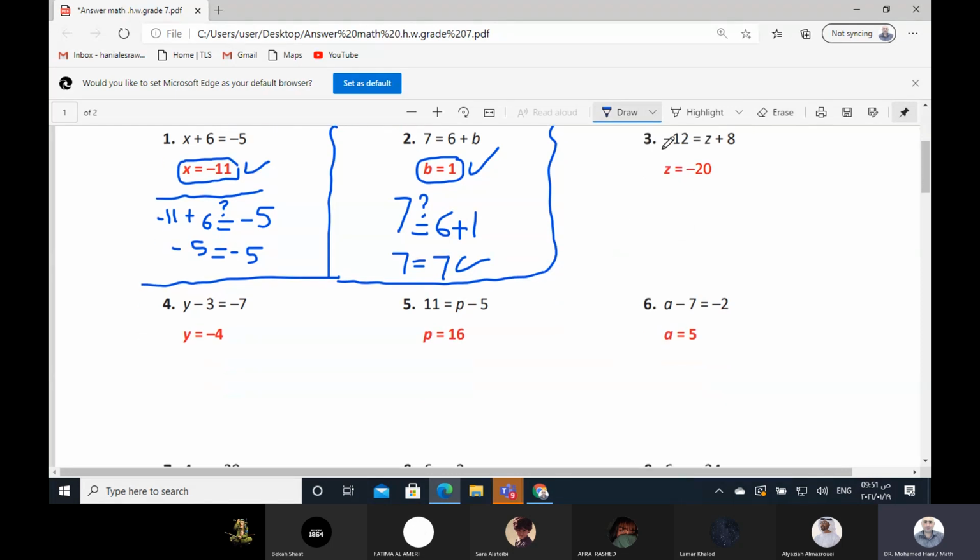And here we have minus 12 equals z plus 8. So try to cancel 8 and keep the variable alone on one side. So add the opposite of 8, minus 8, here and here. Plus 8 and minus 8, 0. Remains here z. Then minus 12 plus minus 8 will be minus 20.